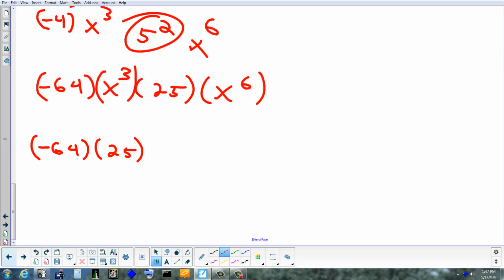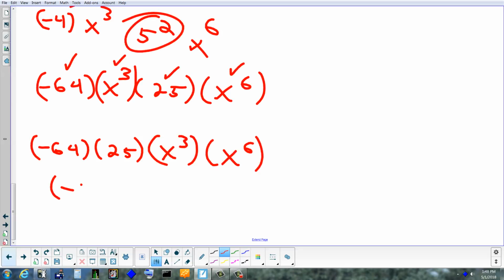X cubed. Is there any like term that I can put that next to? Yes, x to the sixth. Now the first part, we're just going to leave it. Don't worry about doing it. X cubed times x to the sixth. What do you do with the 3 and the 6? We don't multiply them, we add.